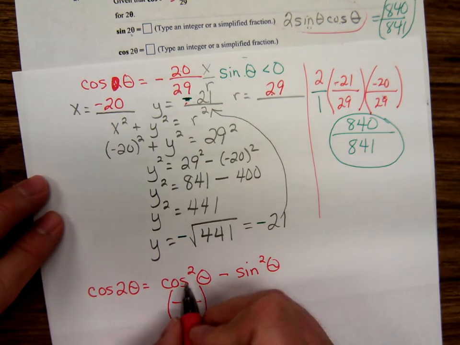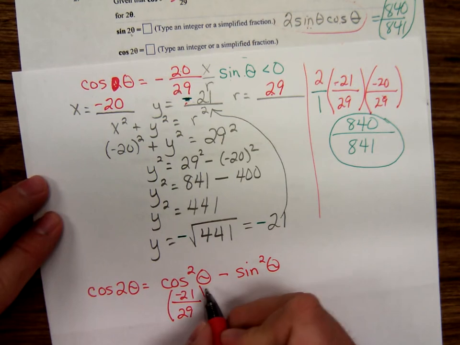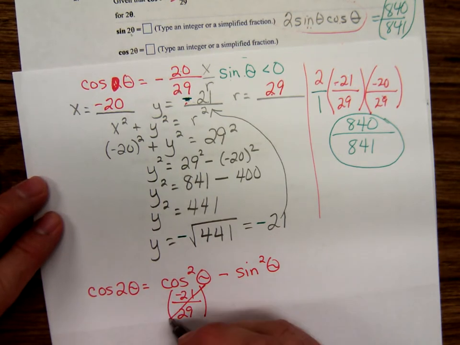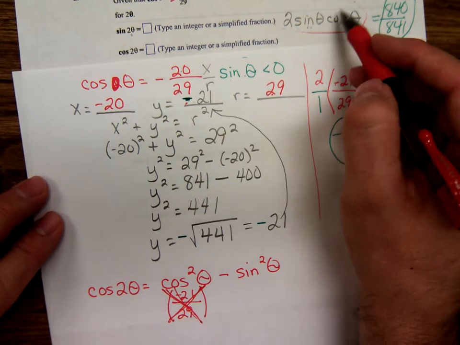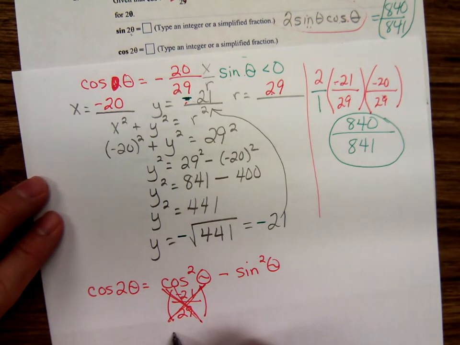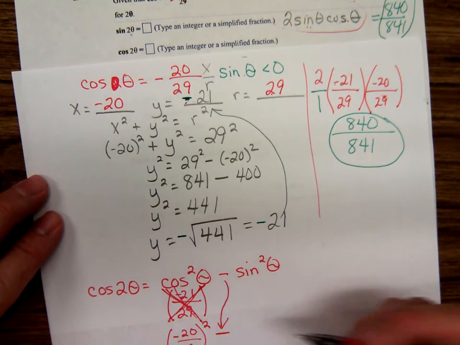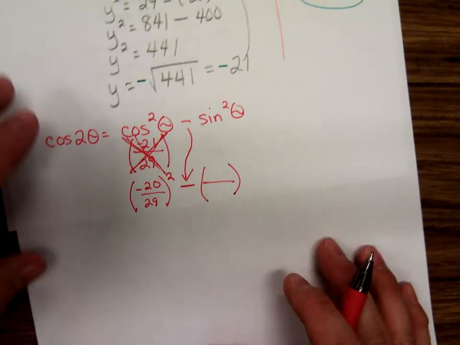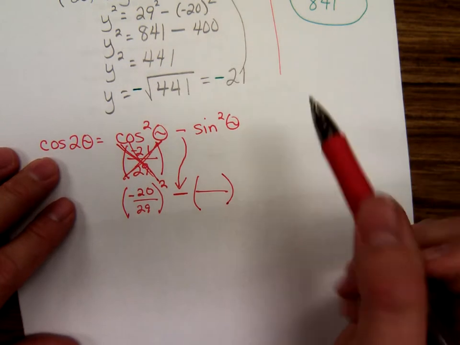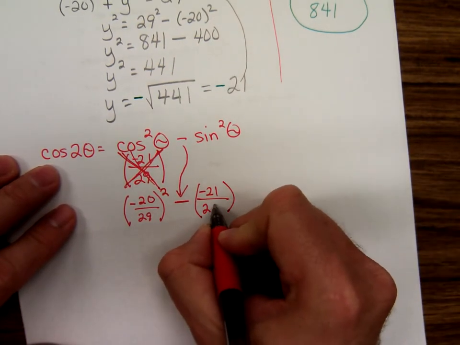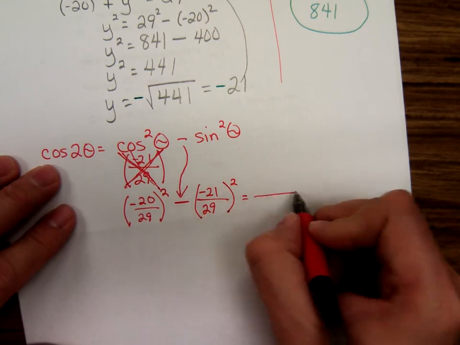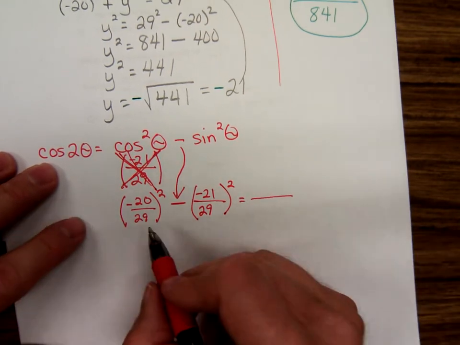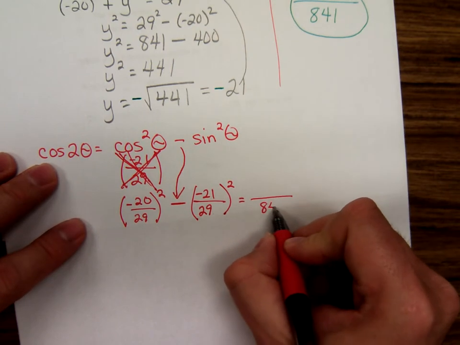We have negative 21 over 29. Oops, I messed up. That's not cosine, is it? Cosine theta was the negative 20 over 29. Negative 20 over 29 squared. This minus is that one there. Sine squared theta. Oh, what did y'all tell me? Move it up. What's sine squared theta? That's y over r, negative 21 over 29 squared. So the 29 times 29, that's 841.